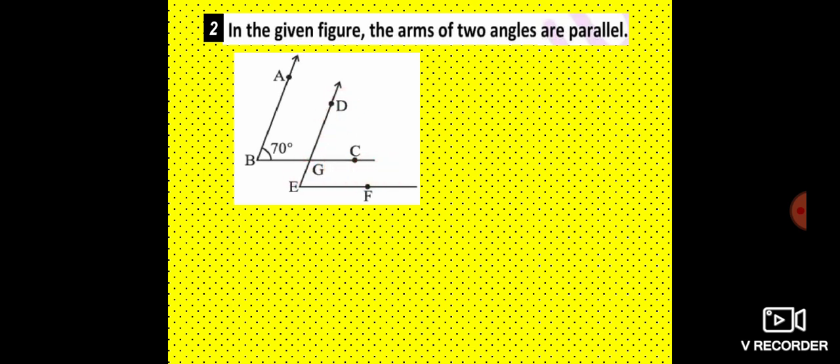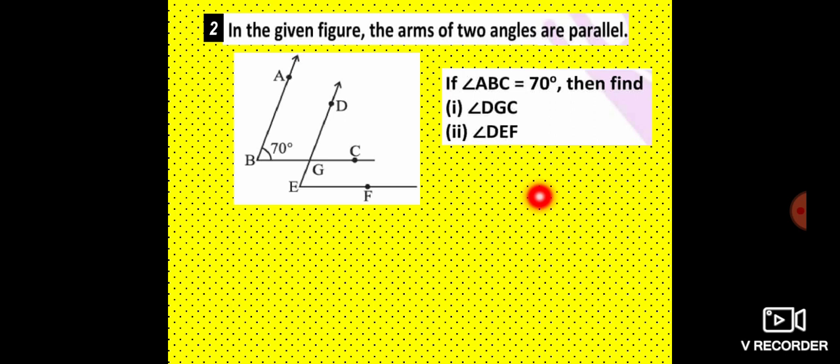Three angles you can see here. Only angle ABC is given, ABC equal to 70 degree. If angle ABC equal to 70 degree, then we have to find the measurement of angle DGC and angle DEF.